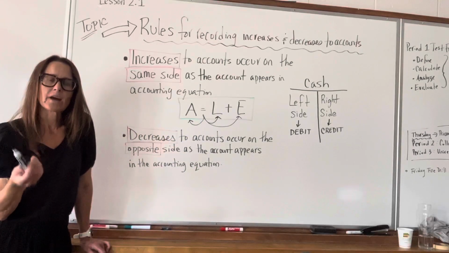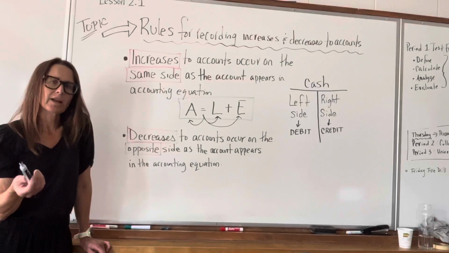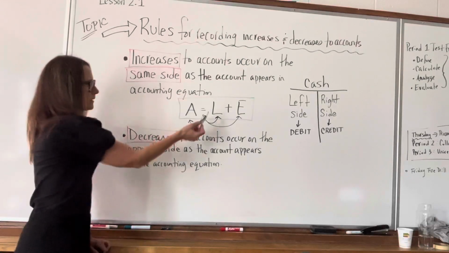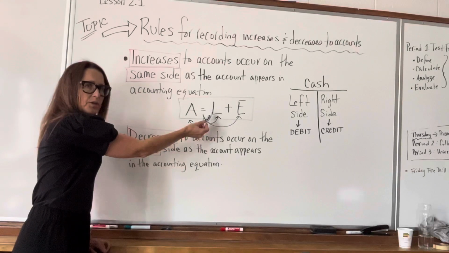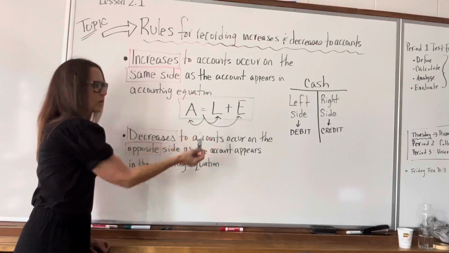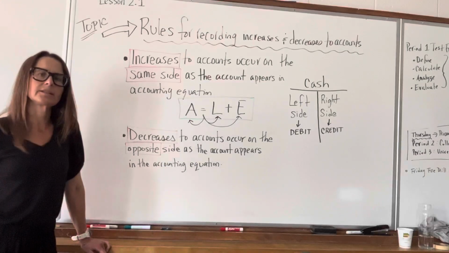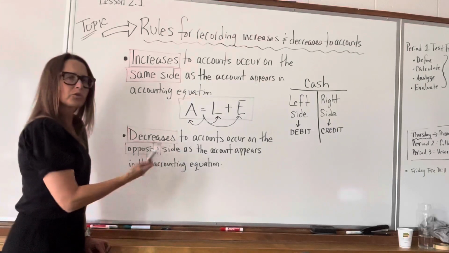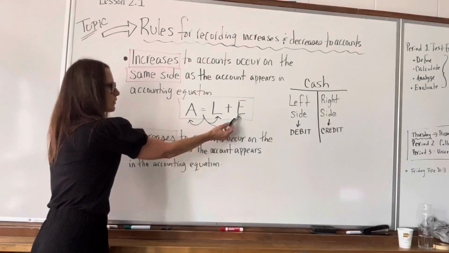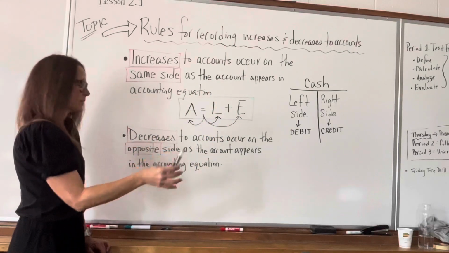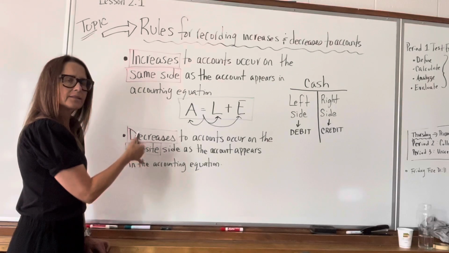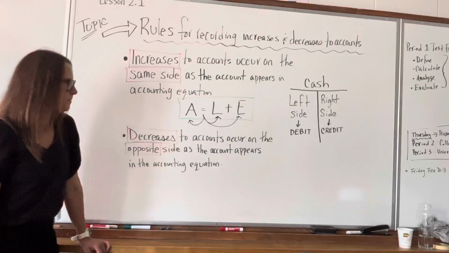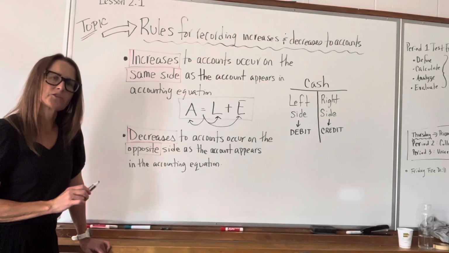Assets go down or decrease with a credit. Liabilities are on the right side. So a decrease to a liability is recorded on the left side because it's opposite. And the same holds true for equity. Equity is on the right, so if equity is going down, we record equity with a debit because the debit side is the opposite side. I'm going to stop the video here and I'll show you an example.